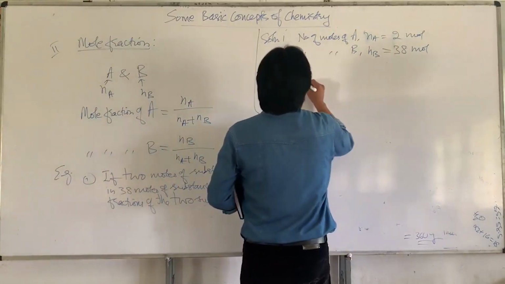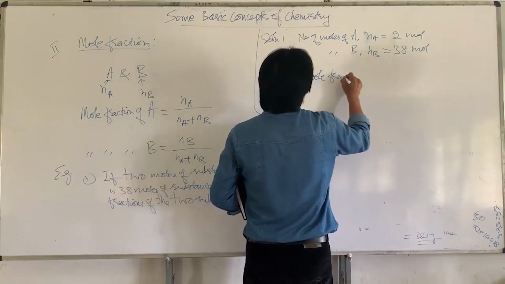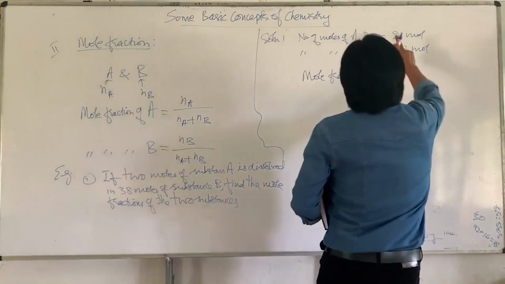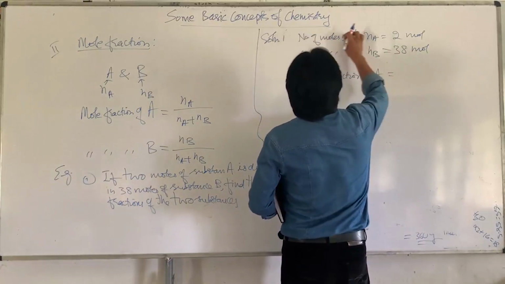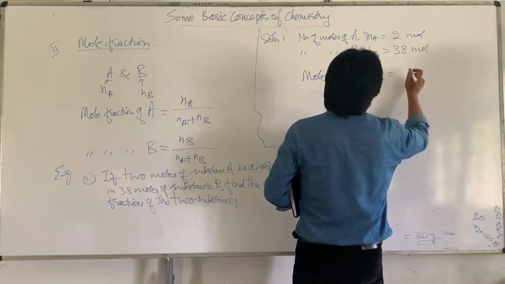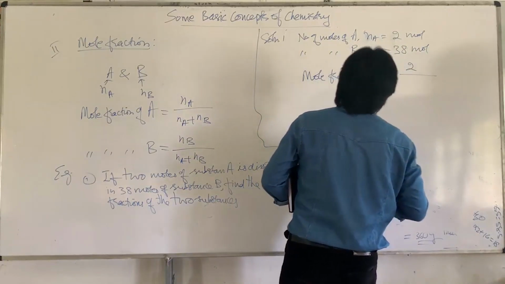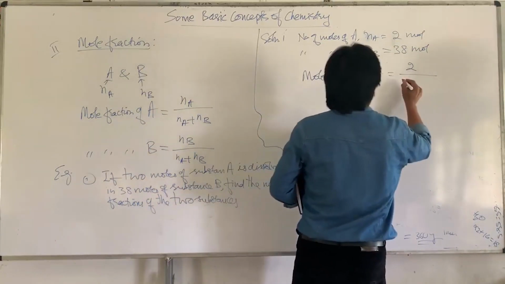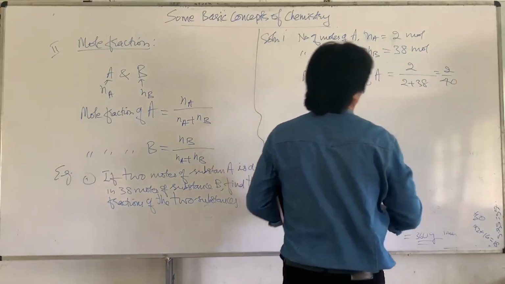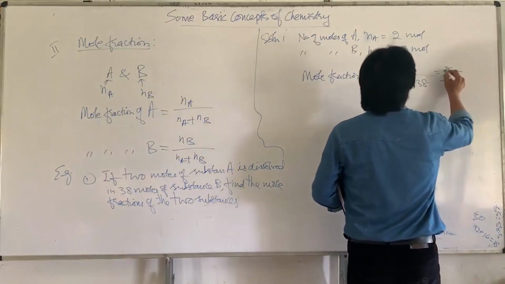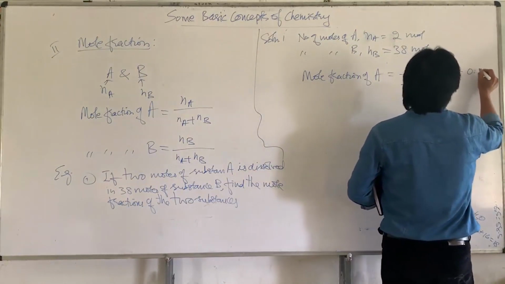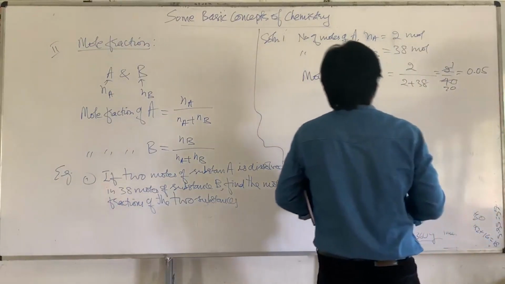Now, mole fraction of the two substances A and B. So you can write mole fraction of substance A is given by Na. Number of moles of A is 2 moles. So for mole fraction of A, you write 2 here, divided by the sum of the two, that is 2 plus 38, it's nothing but 2 divided by 40. So when you divide 2 by 40, it is 1 by 20, so it's going to be 0.05. Okay, that's it.